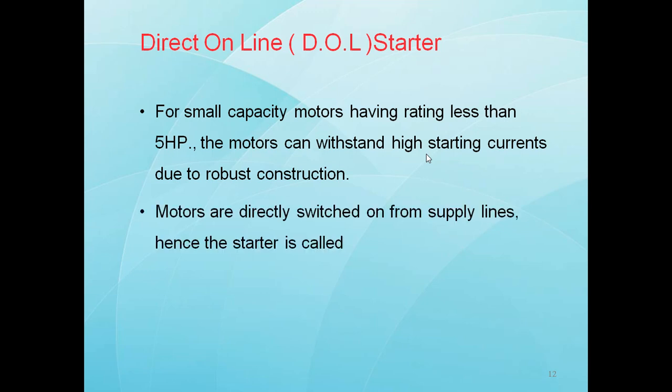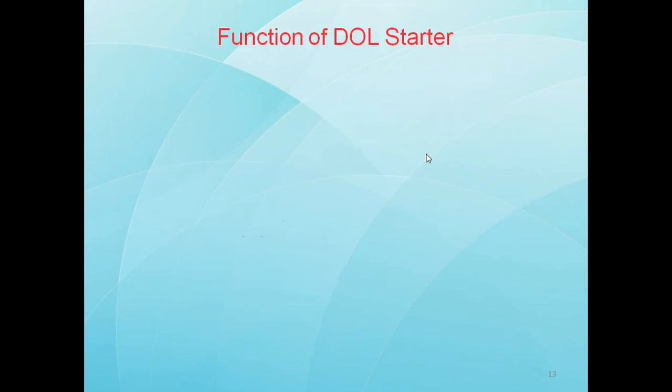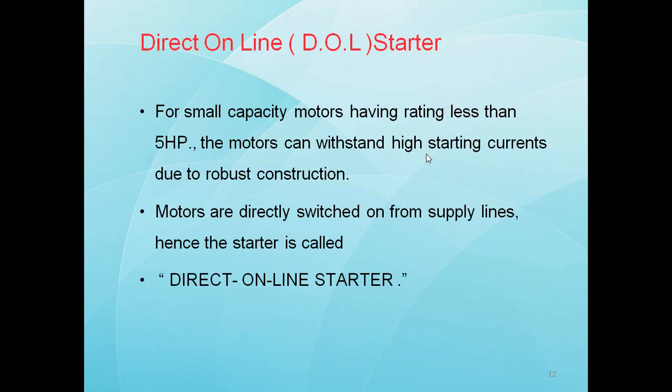Next, motors are directly switched on from supply lines. Hence, the starter is called direct online starter. Why? Because the name itself says it is directly connected to the supply. That's why it is called direct online starter.